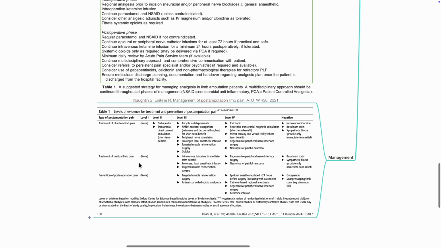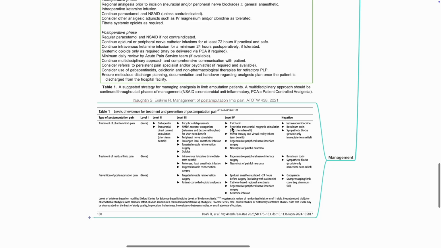For treatment of phantom limb pain, Level 1 evidence: none. Level 2 evidence: gabapentin or transcranial direct current stimulation showed short-term benefit. Level 3 evidence: TCAs, NMDA receptor antagonists for short-term benefit, peripheral nerve stimulation, prolonged LA infusion, targeted muscle re-innervation surgery, and opioids.